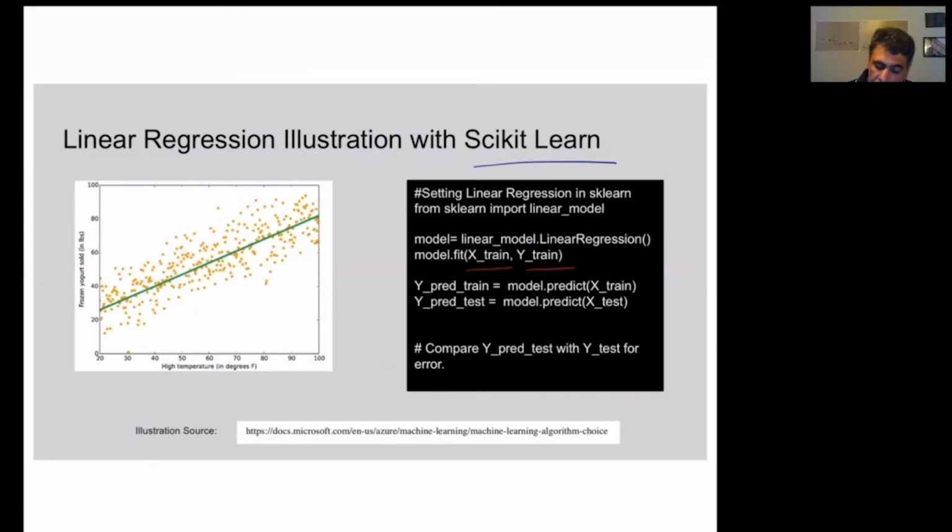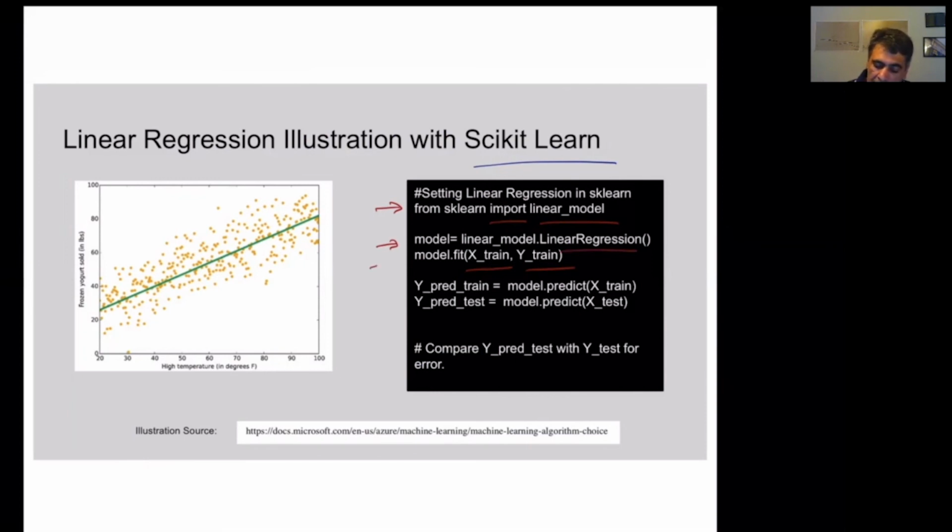First thing that we do is import the library. So from scikit-learn, import the linear model, this particular one, and then we instantiate it on this line. So model equals linear model, and specifically the linear regression model.